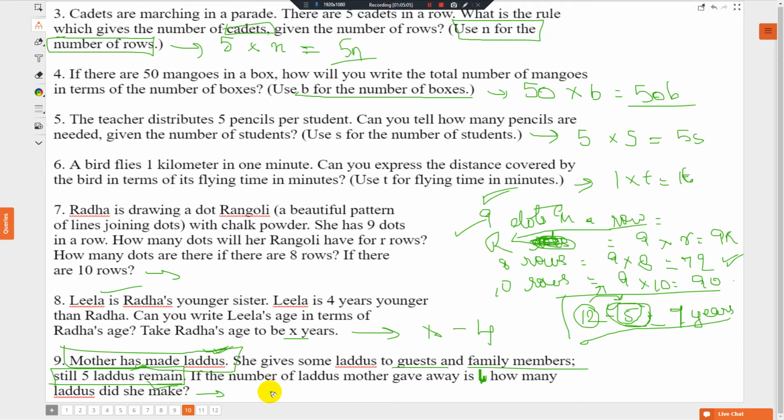We have to find that. But after giving to guests and family members, just 5 laddus remain. So to get the total, we'll add 5 laddus to the L laddus given away. So this many laddus mother has made.